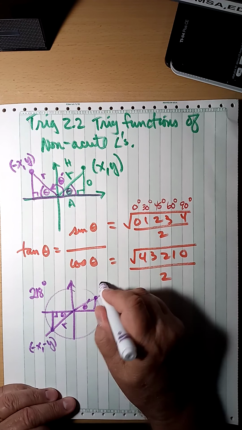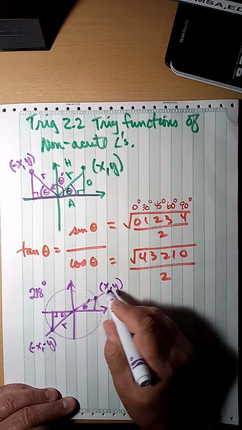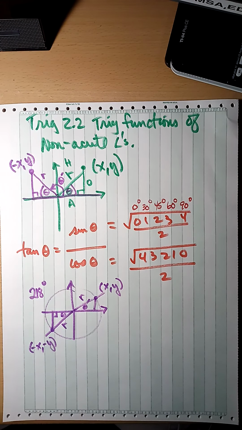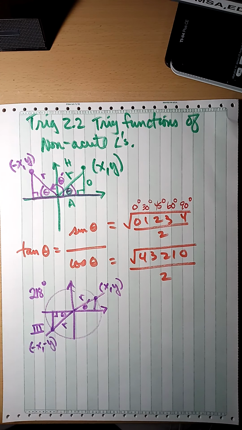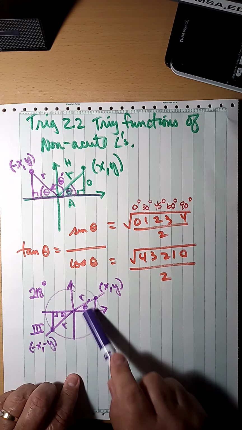Because this is the same x and y, it's just that they're both positive. R is always positive. And all we need to do is say, well, in the third quadrant, some of the trig functions are positive, some are negative, and we know how to determine that. So, what is this angle theta prime, this little bitty angle?